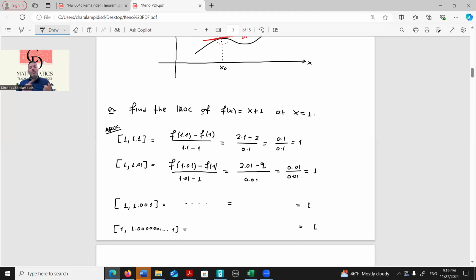Again, to recap, what is the average rate of change? The average rate of change is a measurement that shows how fast the values of y of a function change. They can either increase or decrease, on average, per unit within a specific interval.